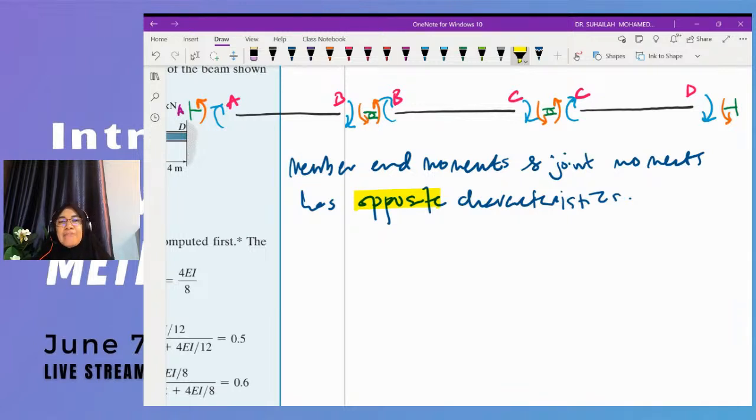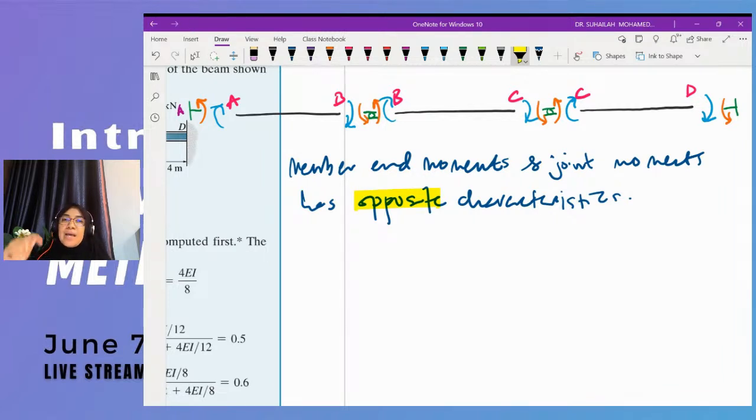But if the joint moment comes from the previous step, from the member end moment value, we have to change sign. For example, the fixed end moment is a member end moment; we change it to joint moment, and after that we distribute the joint moment.